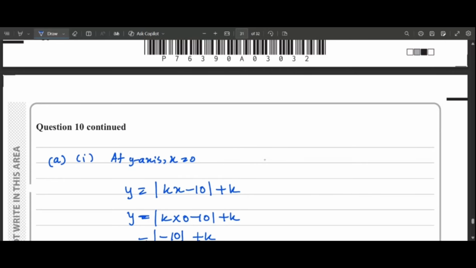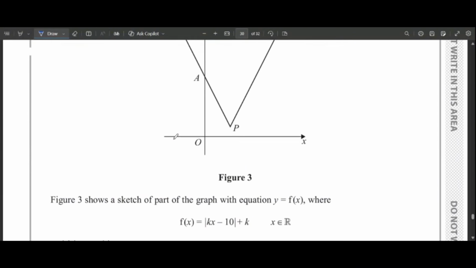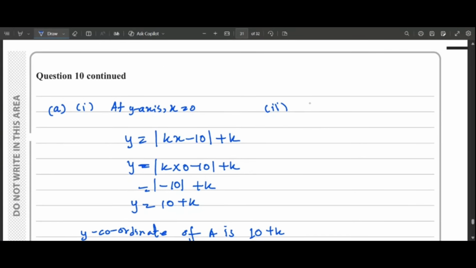Now for part 2, we have to find the vertex. We have to find the vertex P. To find the coordinates of the vertex, we can equate the modulus part of f(x) with 0.